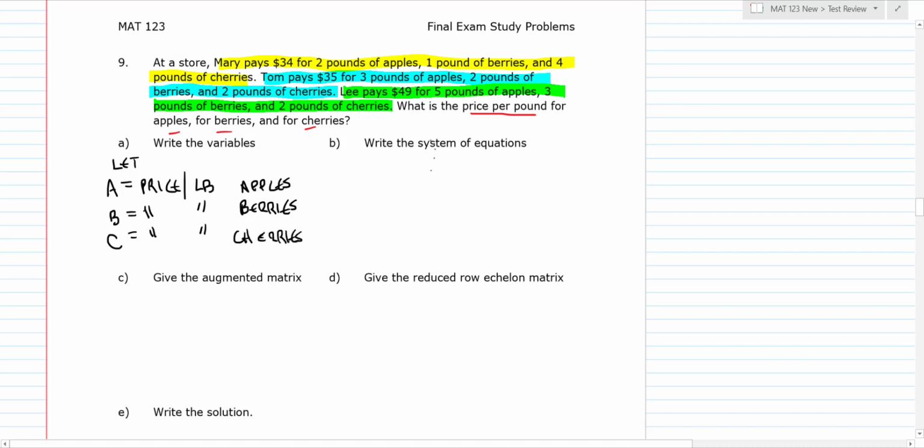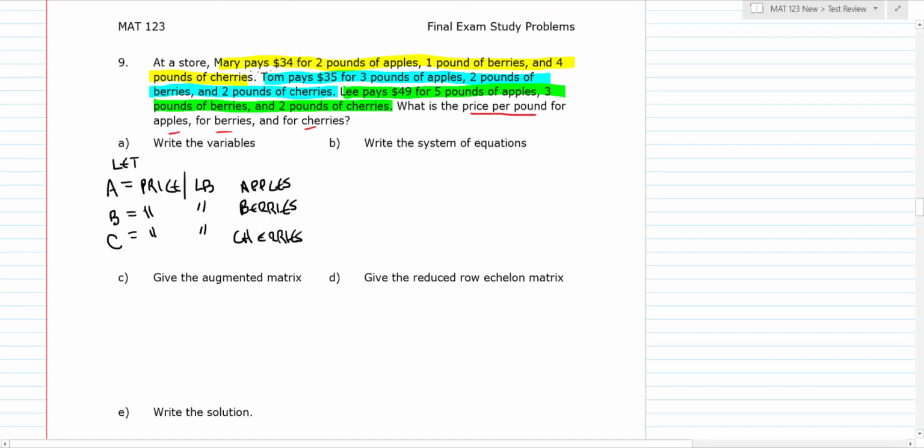Then the system goes straightforward like this. You're going to buy 3 pounds of apples, 2 pounds of berries, and 2 pounds of cherries, and that's going to cost $35. Hold on, I didn't read the first sentence.